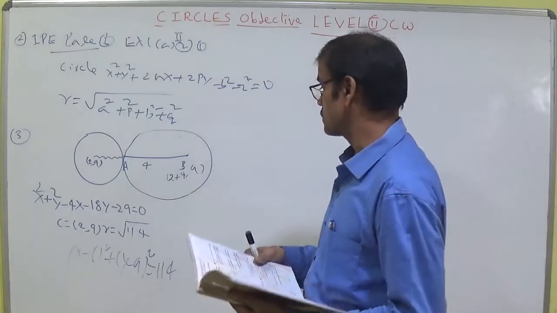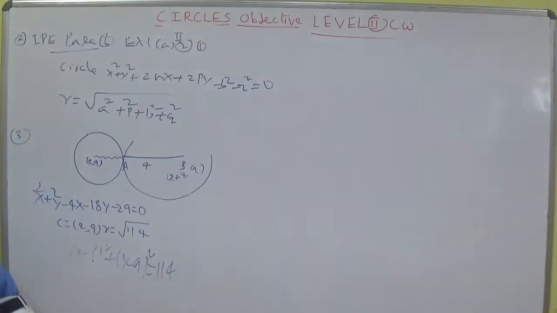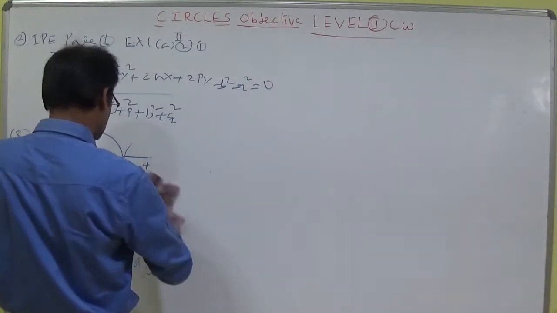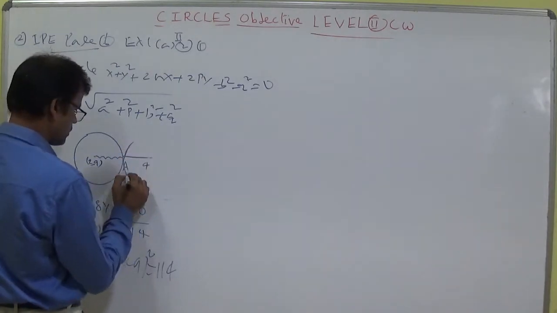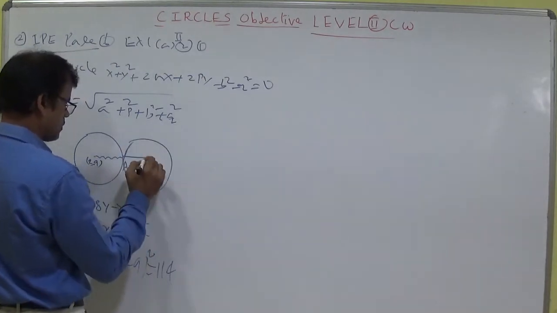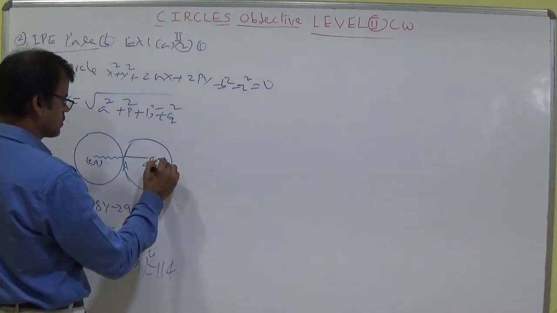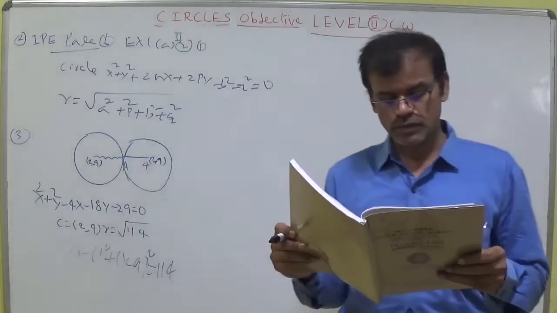No, it is the second option. But try to understand here the same shape you put here. Here you can write 6 comma 9 is the center. That's all. Now the third question is completed.